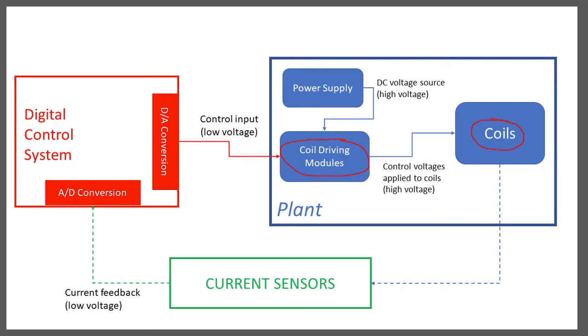The third component is a compensator, which consists of current sensors and the digital control system. The current sensors measure the generated magnetic field and provide feedback used by the digital control system for calculating the necessary control input. The control input is fed to the coil driving module as additional input, thus completing the closed loop.